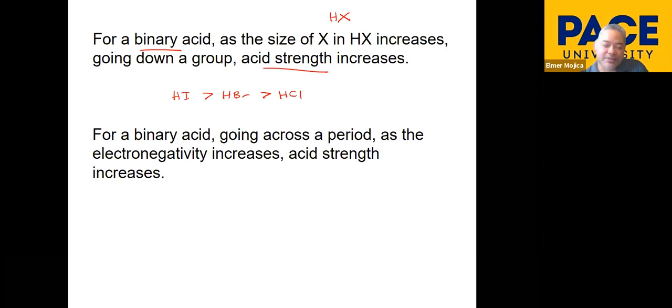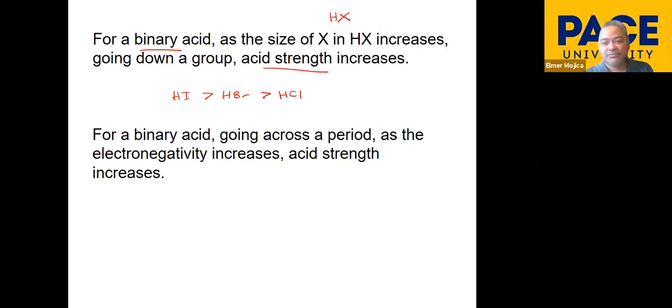If you have a stronger attachment with the hydrogen, the hydrogen will not dissociate right away. Unlike if you have a bigger atom, the interaction that atom has with the hydrogen is not as strong compared to the smaller atom. So it's easier for that bigger atom to have its hydrogen dissociate. Hence, you have a stronger acid.